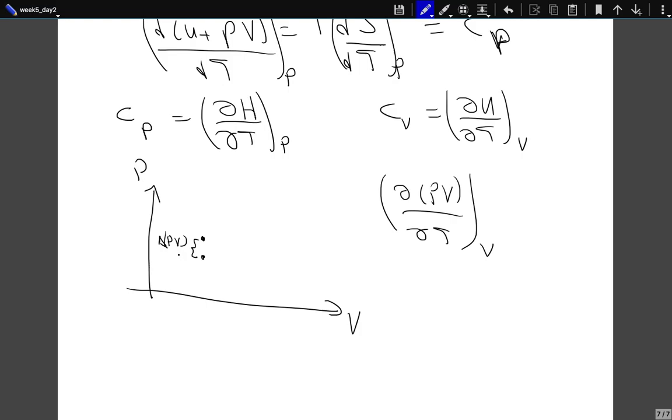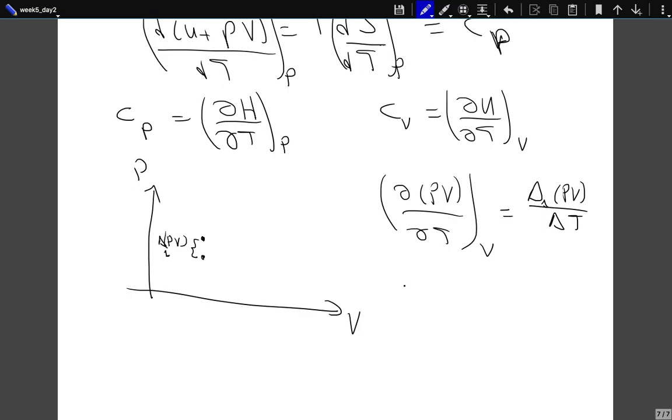So let me put delta 1 PV divided by delta T. If I know the equation of state, I already know delta T also. So I know what delta 1 PV is, I know what delta T is.